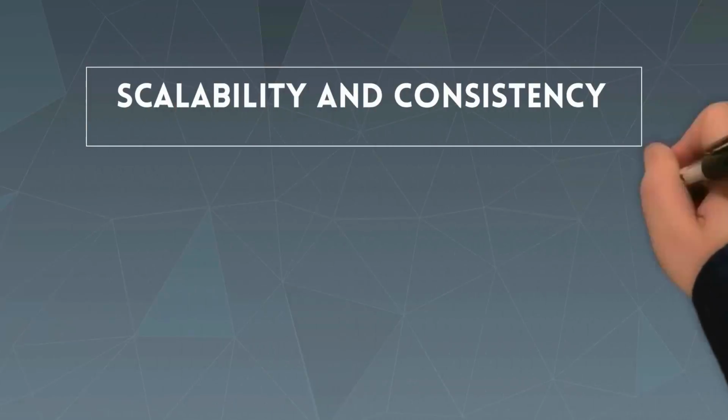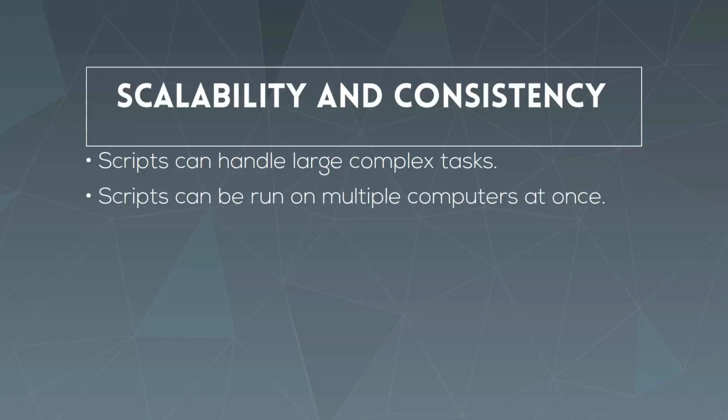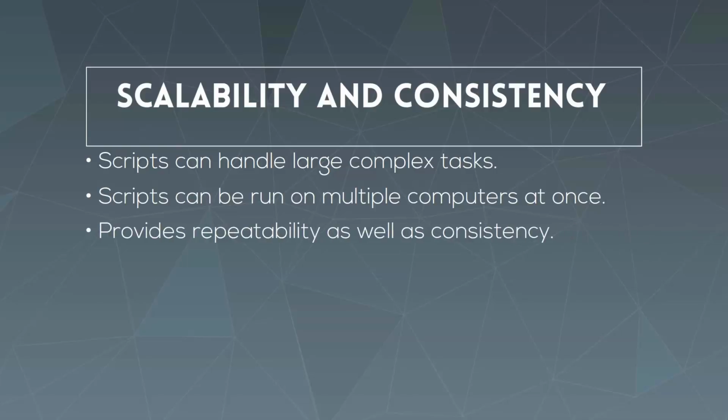With PowerShell, our administrator can create scripts to handle the large complex tasks, and then have that same script run across all those different computers at the same time. This means that PowerShell not only allows for automation of tasks, but also provides scalability across large environments as well as repeatability and consistency across those environments.